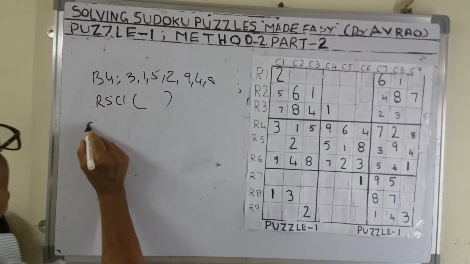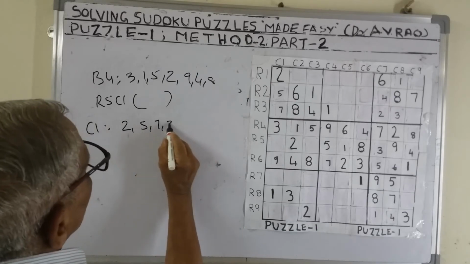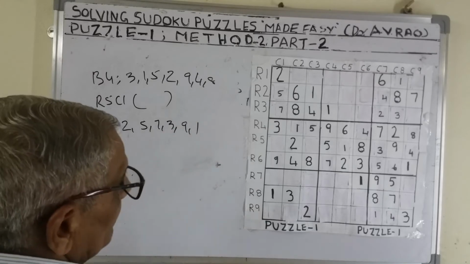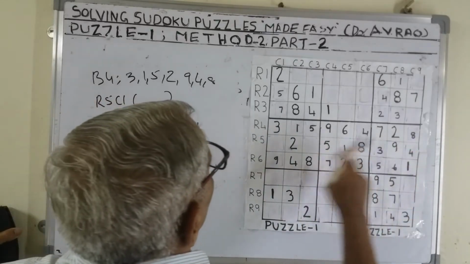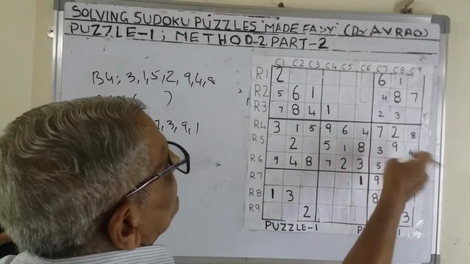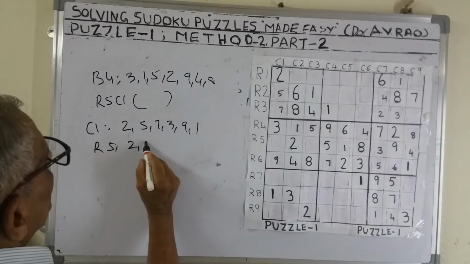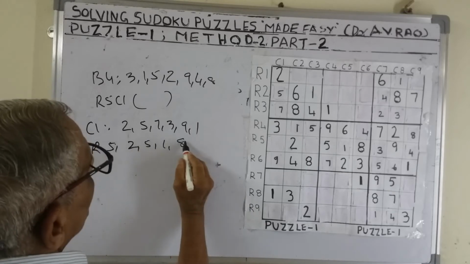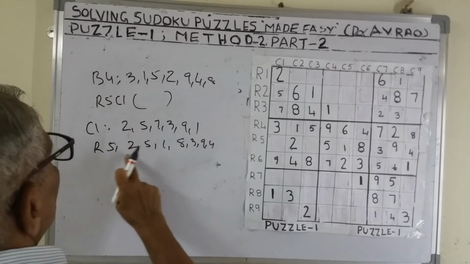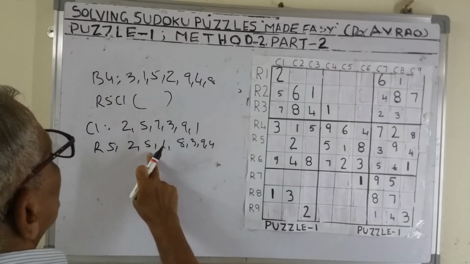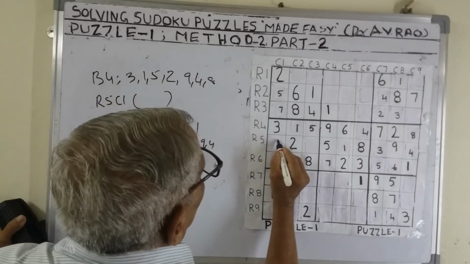Now what are the numbers in C1? 2, 5, 7, 3, 9 and 1. And this row R5 also has many cells filled up: 2, 5, 1, 8, 3, 9 and 4. So 1 is there, 2 is there, 3 is there, 4 is there, 5 is there, 7 is okay. 6 is the missing number. Let us fill in 6 here.